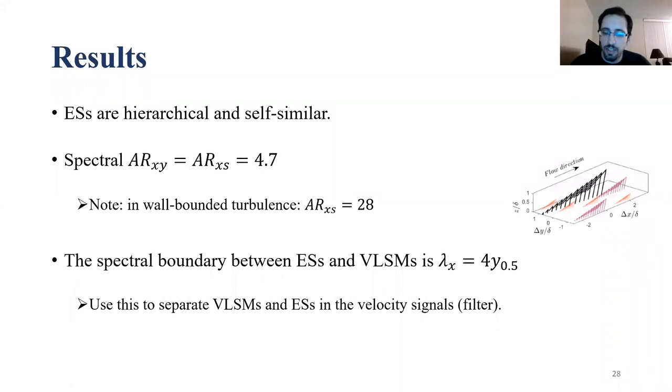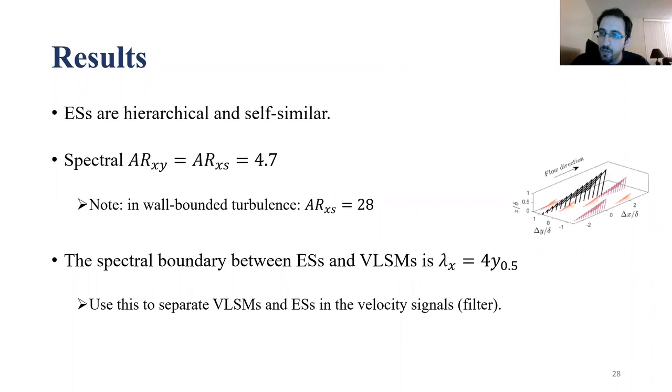So the results that I presented, it's important where you locate your reference sensor, right? Where you locate your reference sensor tells you at which location you are looking at the eddy structures.